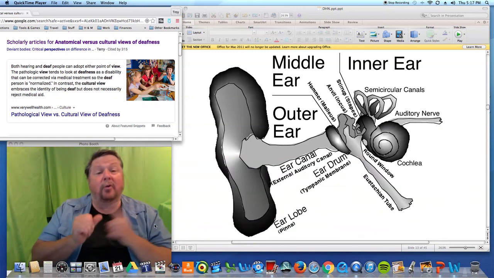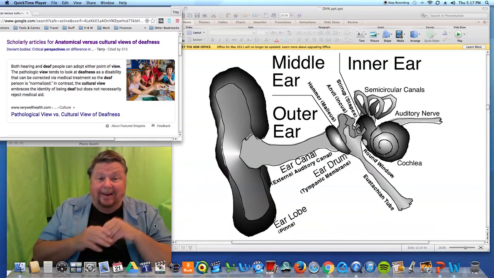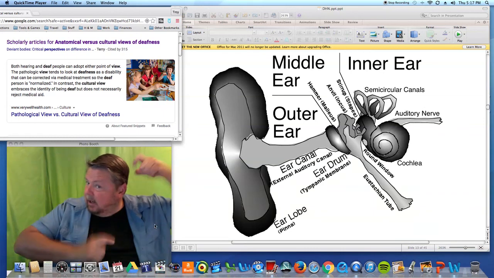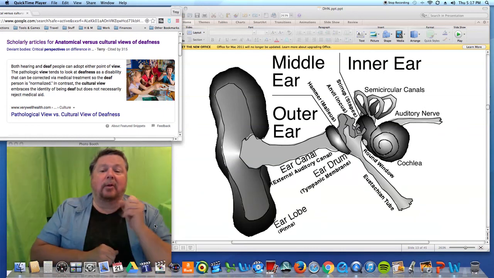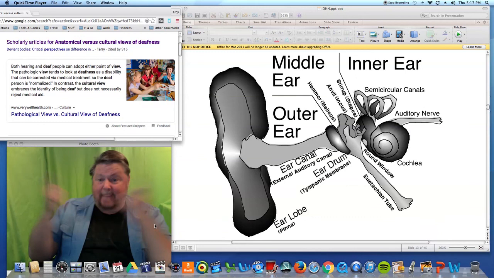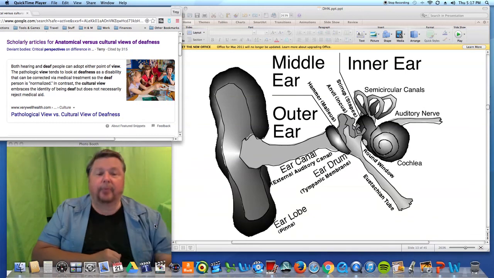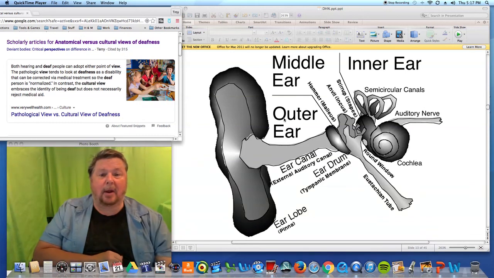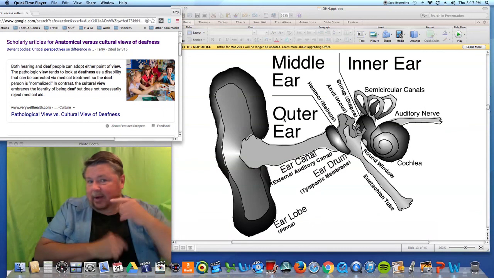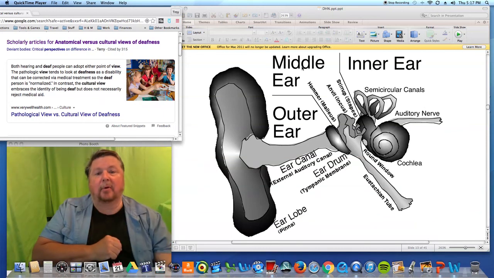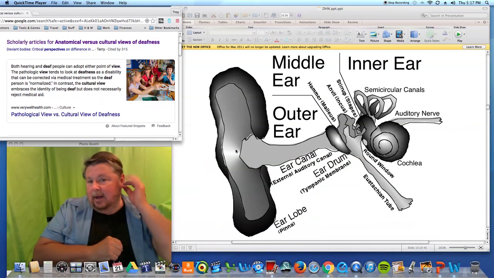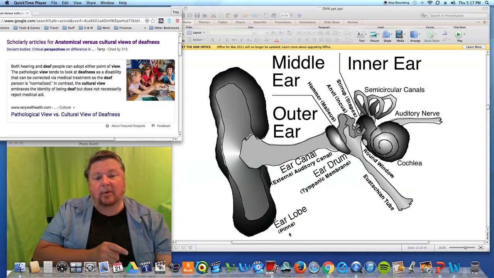First we need to understand what's going on inside the ear. You have three main parts to the ear. We have the outer visible ear. So you have the ear lobe, which is also known as the pinna.